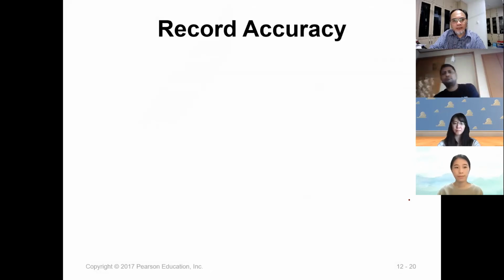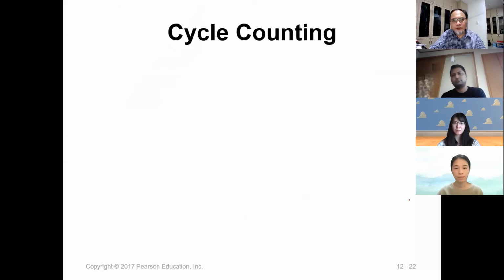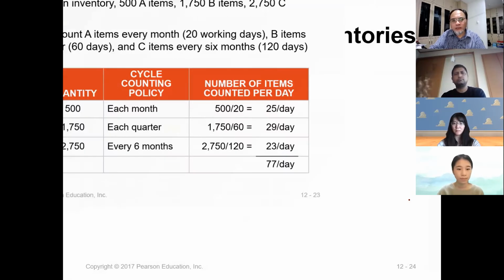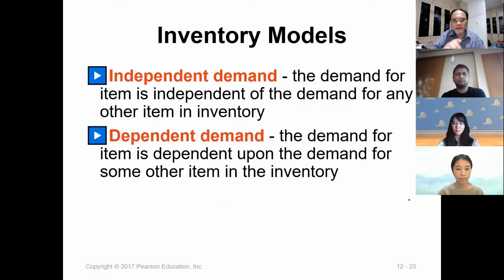And then I think I introduced to you the EOQ, Economic Order Quantity Model. I have to remind you that it is for independent demand. The demand for the item has nothing to do with the demand of any other items in the inventory. It is standalone.